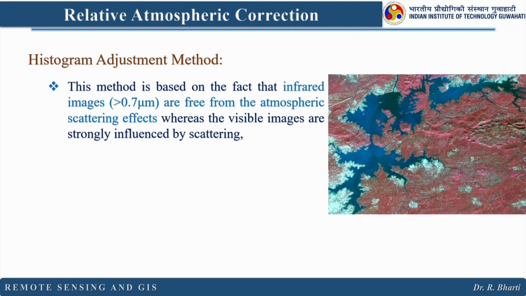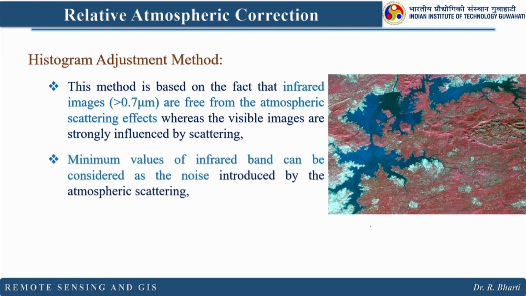So if you see the spectral response of water, there is no absorption feature in the IR wavelength, right. So if you have any values there, you can consider that it is basically the contribution of the atmosphere.